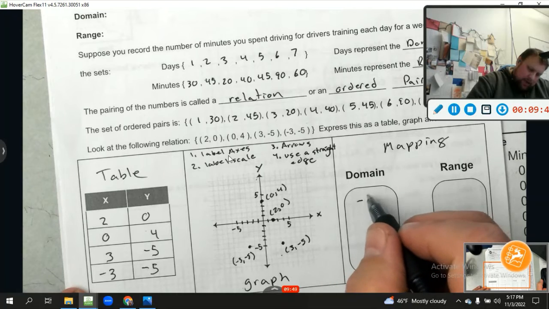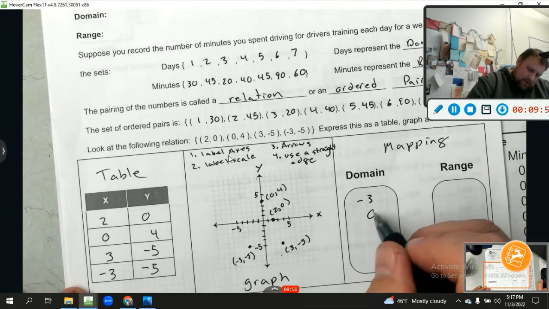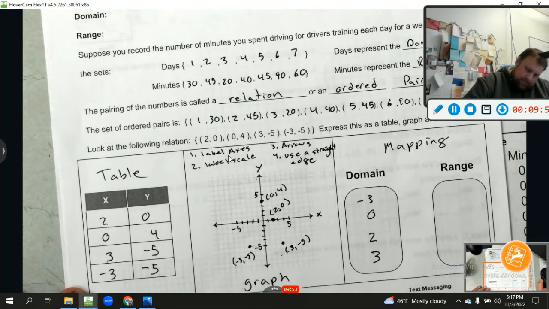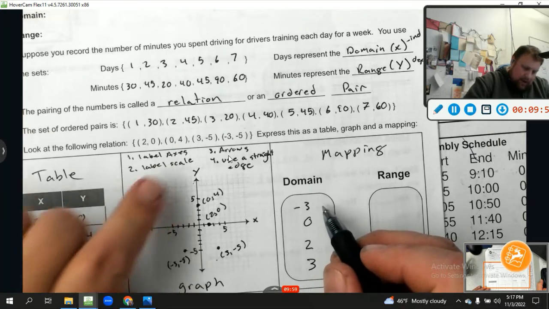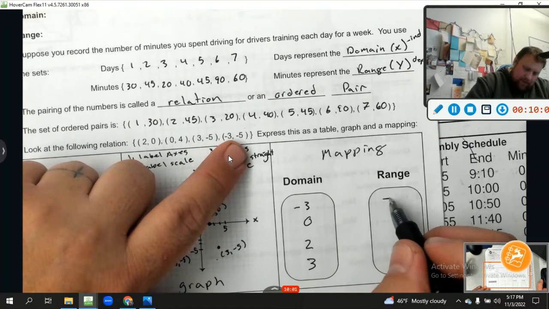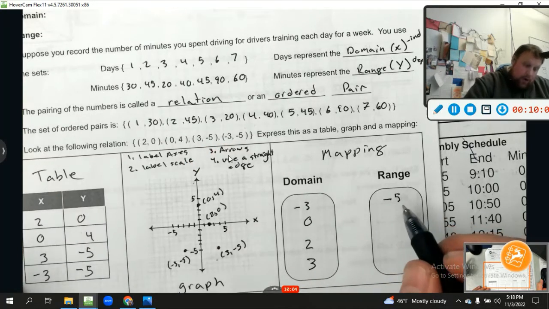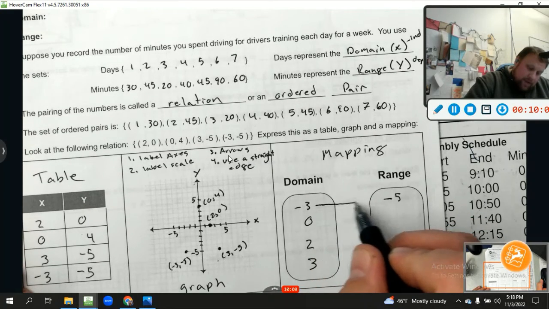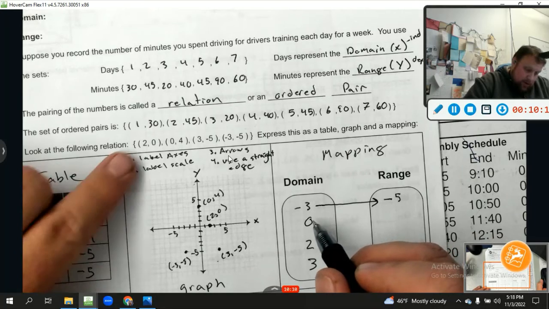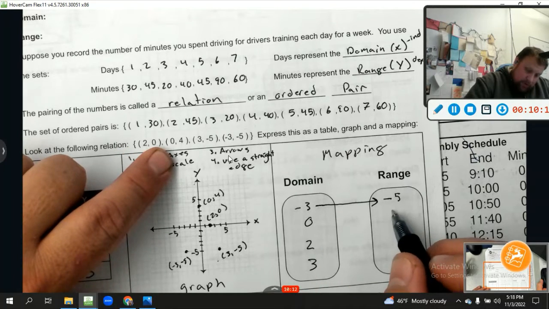It would go negative 3, 0, 2, 3. That's how I just put it in order, okay? And let's write down what we have here. So negative 3 goes to negative 5. Now we do our range. And we know negative 3 goes to negative 5. Boom. What does 0 go to? 0 goes to 4.